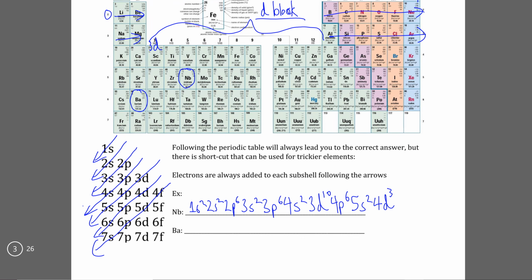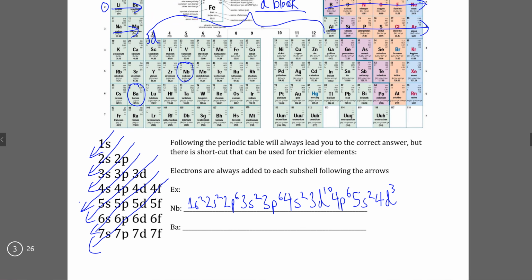For our final example, we can try it using this shortcut for barium, which we see the final subshell that we filled up is the 6s subshell.